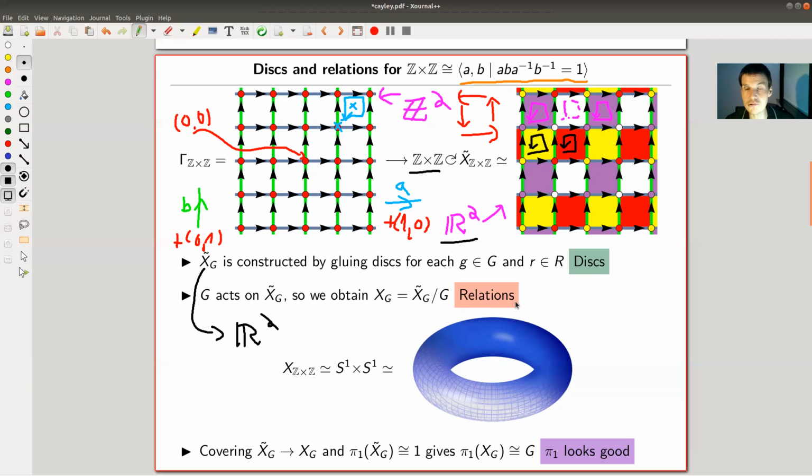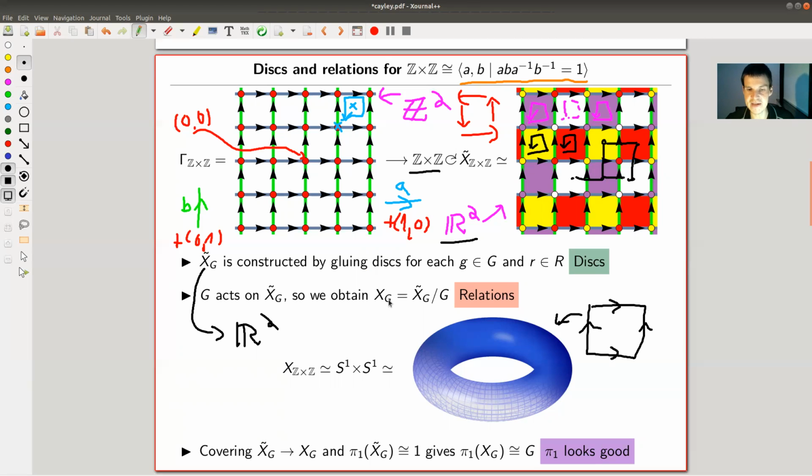And if you take this quotient, now all the disks become identified in a certain way. So this point here is identified with all of its orbit, so this point and this point. So every middle point gets identified, and everything collapses to just one square, which is then the usual realization of the torus.